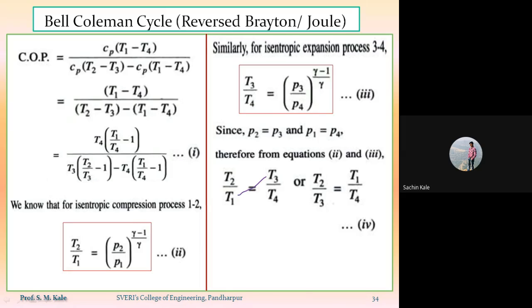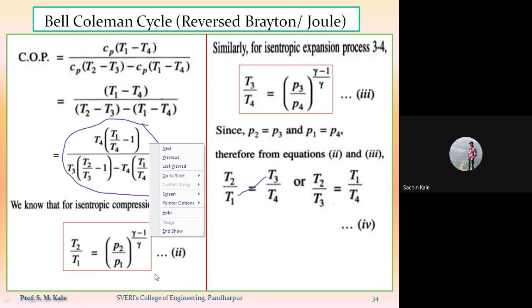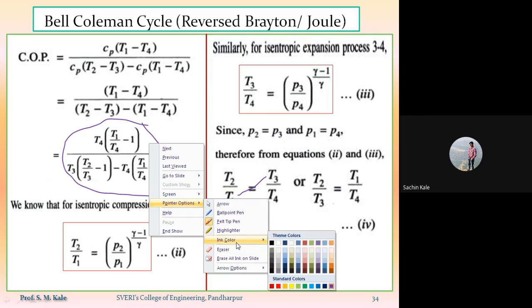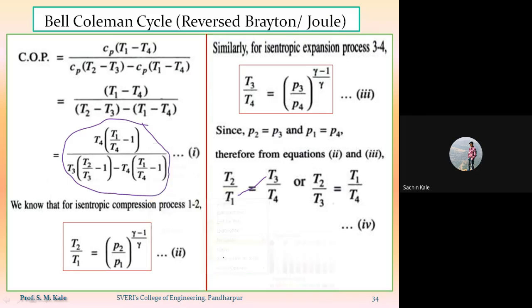So here, if I check equation number 1, in that equation number 1, instead of T2 by T3, I can put the value of T1 by T4, because T2 by T3 is nothing but T1 by T4.